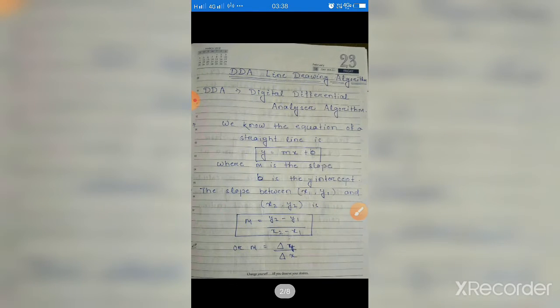Let us discuss in detail the DDA algorithm. DDA stands for Digital Differential Analyzer.